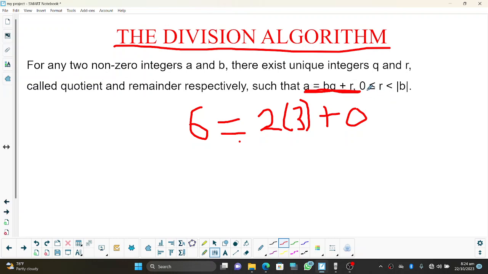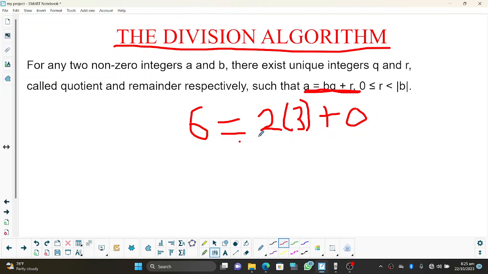This is in the domain where 0 is less than or equal to r, which is less than the absolute value of b, so we are not going to tackle negative numbers. That's why we introduce the absolute value, so we eliminate all negative values.